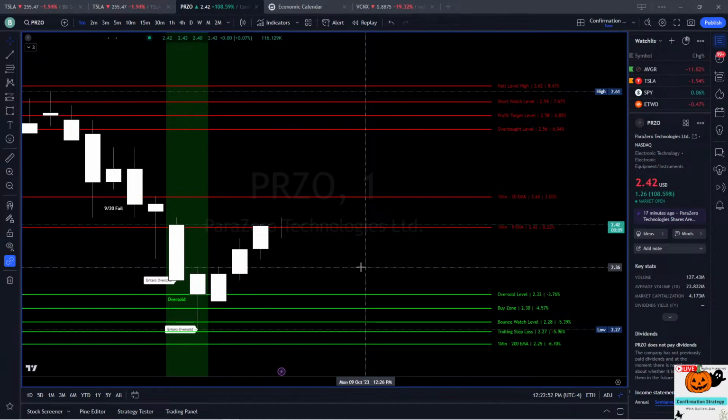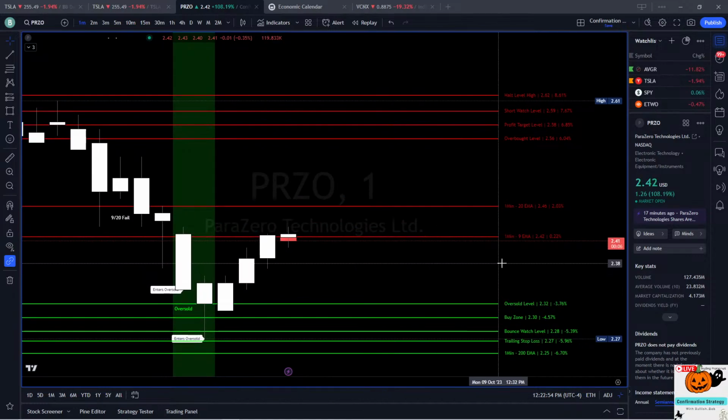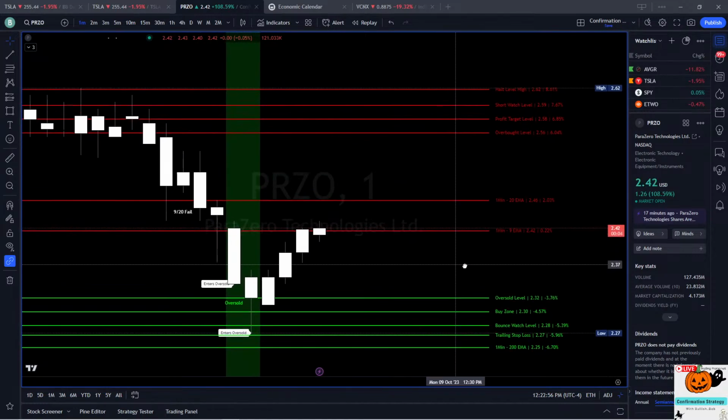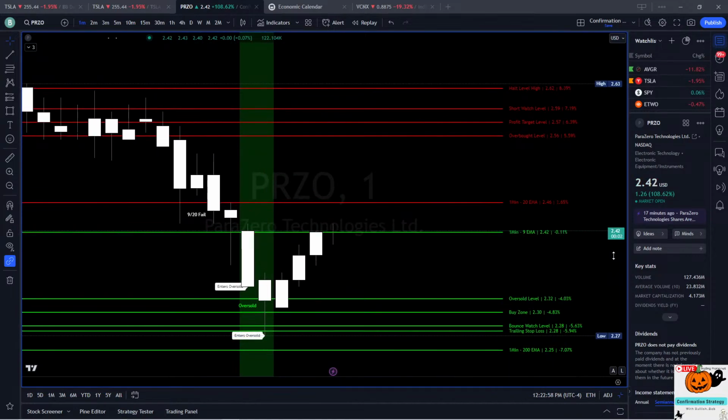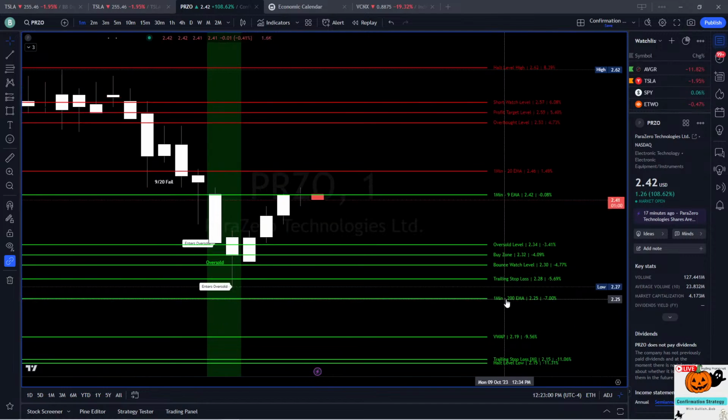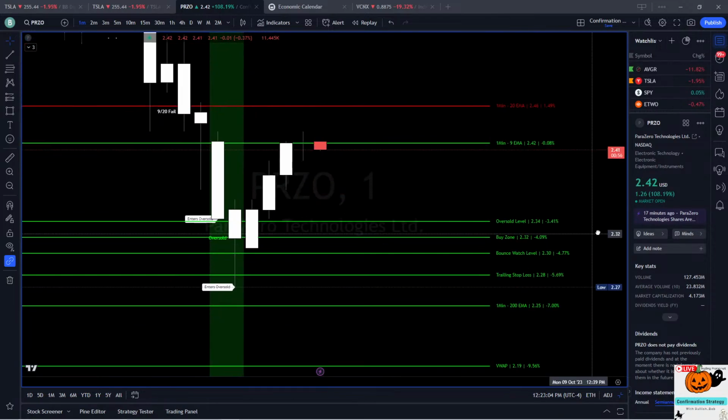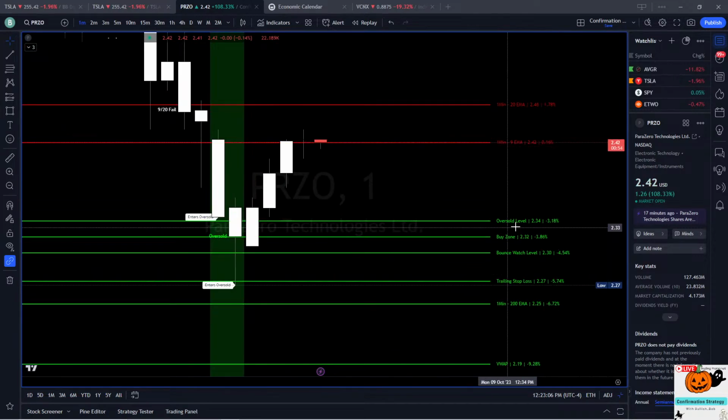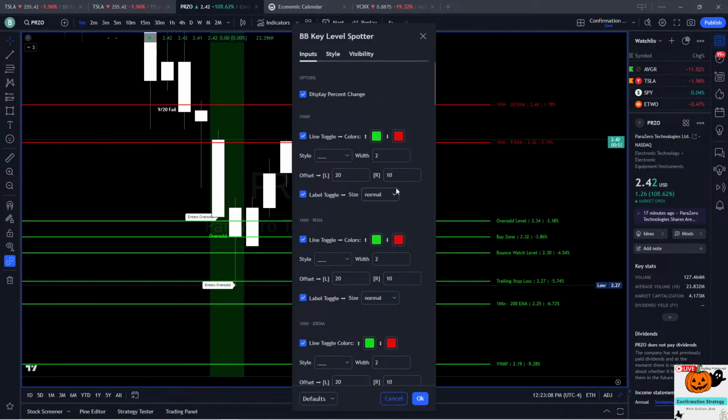No position for myself at this time, but you can see that this indicator is really cool for spotting those levels. Down below, we've got the 1 minute 200 EMA at 225. That's 7% down from the current price. And you can see the percentages next to each one of these. If I turn these up, I could change these to large as well.